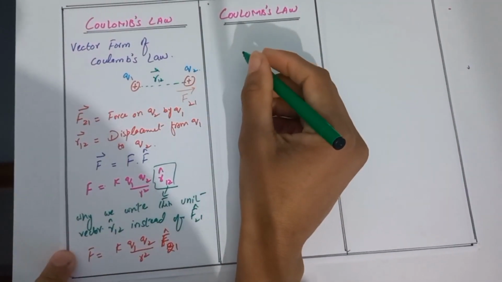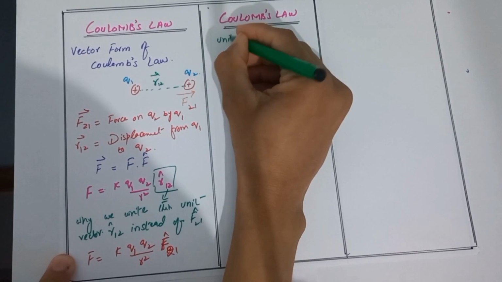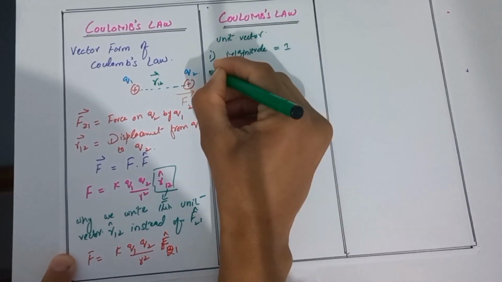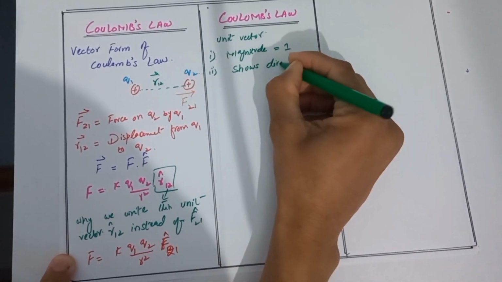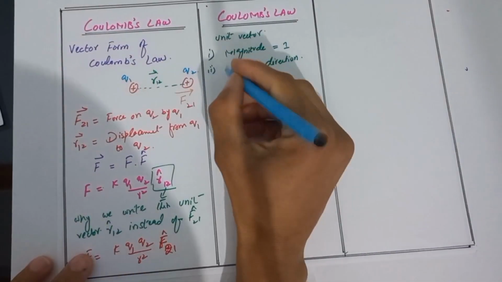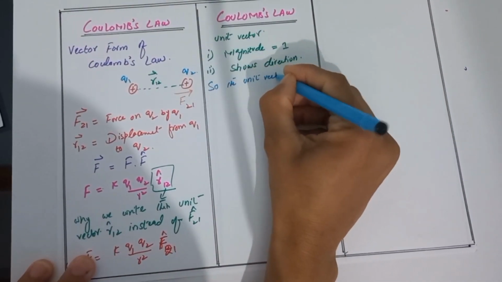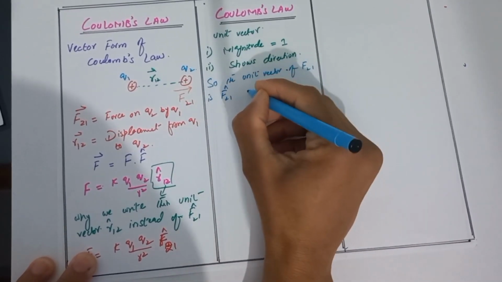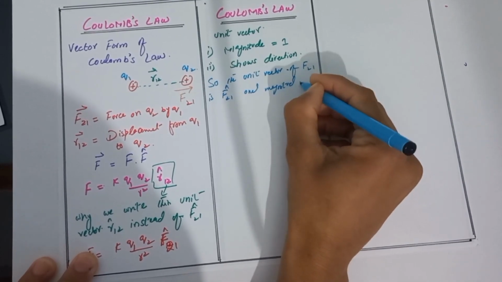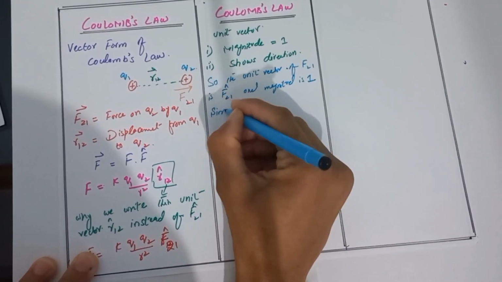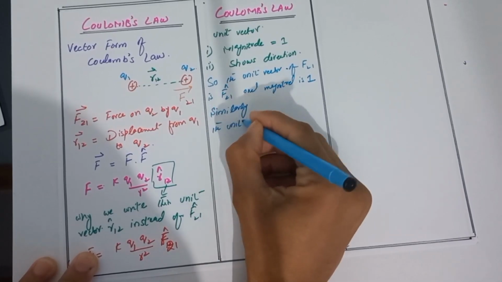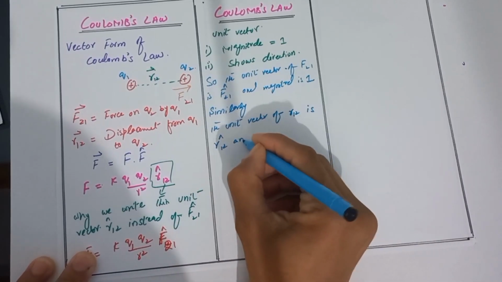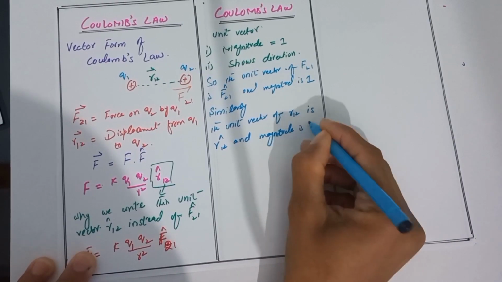Now let me explain the unit vector. Remember these 2 points about a unit vector. A unit vector has magnitude equal to 1 and shows direction. The unit vector of F21 is F21 cap and its magnitude is 1. Similarly, the unit vector of R12 is R12 cap and its magnitude is 1.